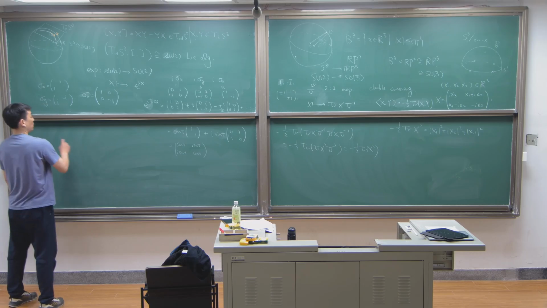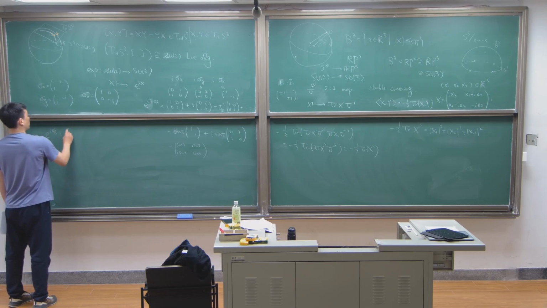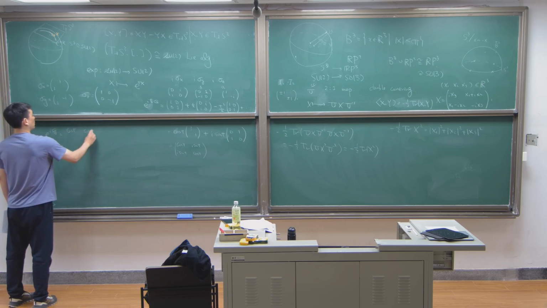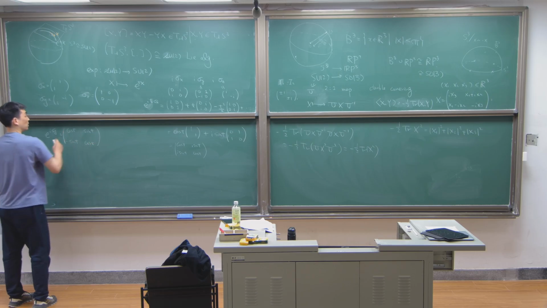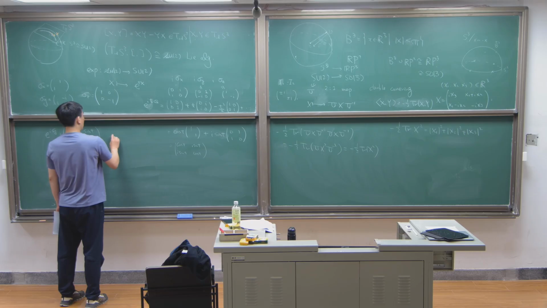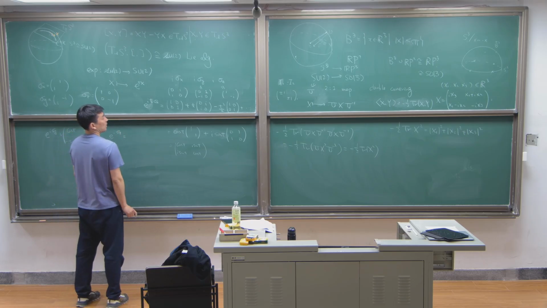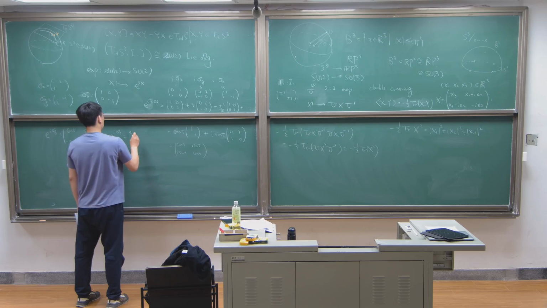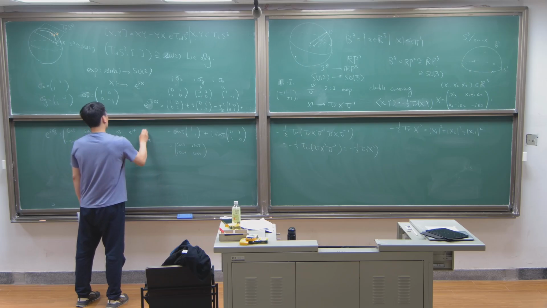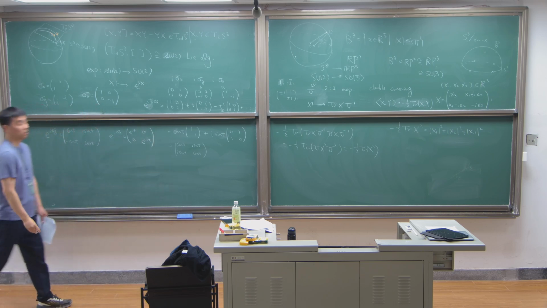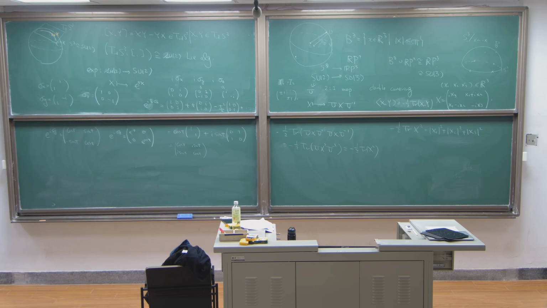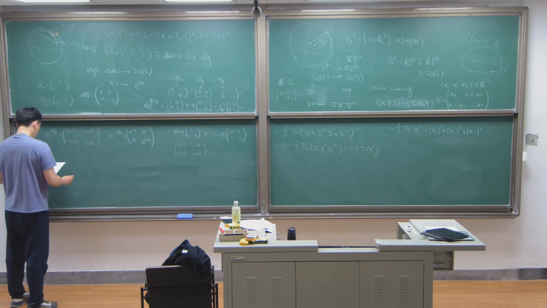And then similarly, e to the i sigma y is equal to cos t, sine t, minus sine t, cos t. And here e to the i sigma z is equal to e to the it, like this. These are the generators, and they satisfy the following Lie algebra.